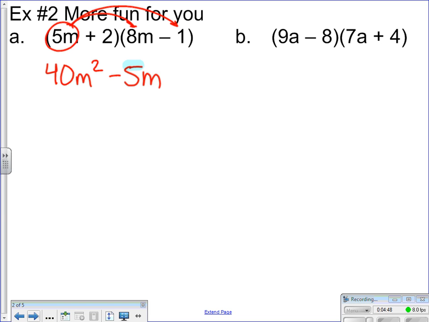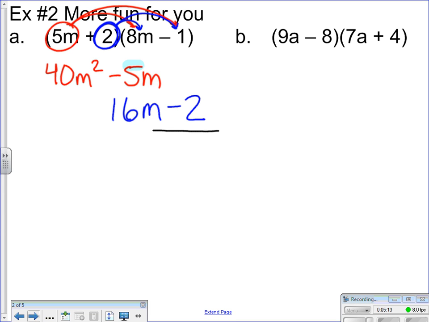Now that we've multiplied everything by 5m, we'll go on to the 2. And 2 has to multiply both parts. So 2 times 8m is 16m. Now, I don't like to write it afterwards. I'm going to write that directly underneath my 5m because I like to line up my like terms. And then 2 times negative 1 makes negative 2.